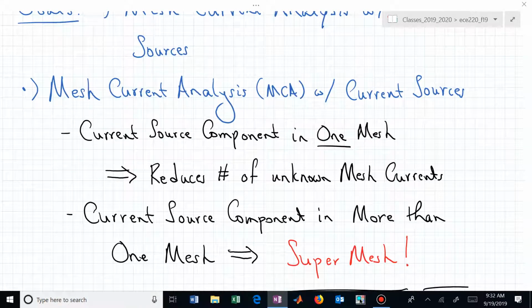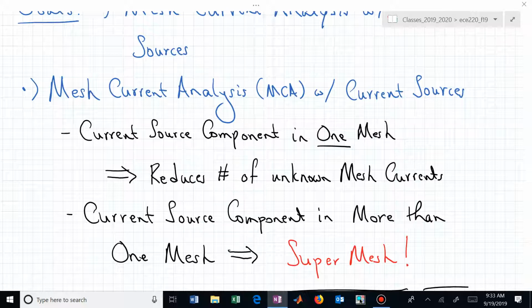that you could encounter. One is if that current source element, dependent or independent, is in only one mesh, then that actually allows you to reduce the number of mesh currents that you might have originally labeled.